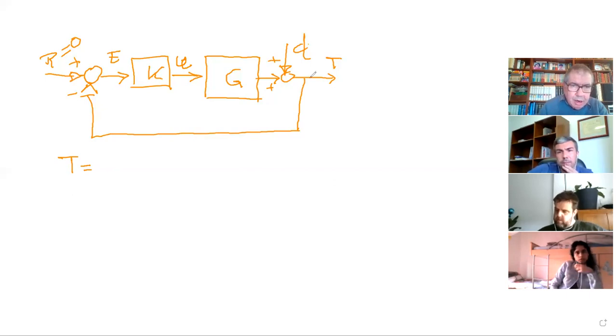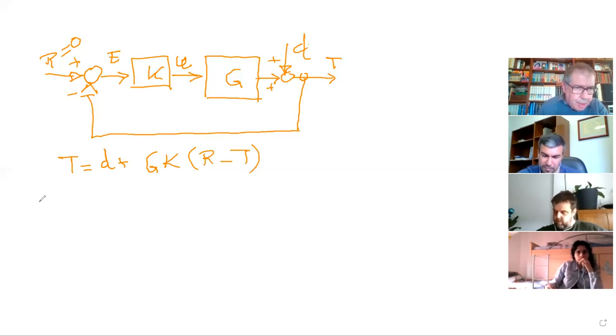This signal here comes from where? You don't understand the meaning of the block diagram. It's the addition of D. It's D plus GK times R minus T. R minus T. Good, very good.